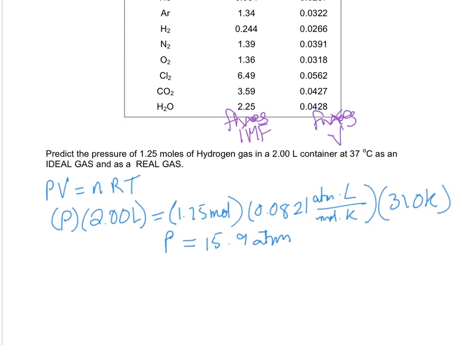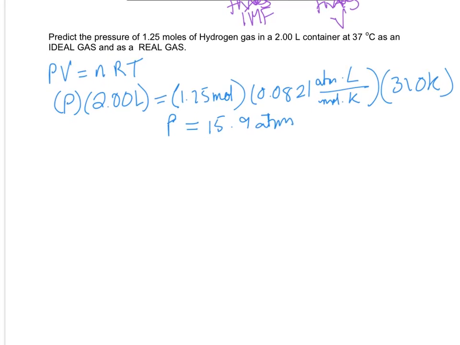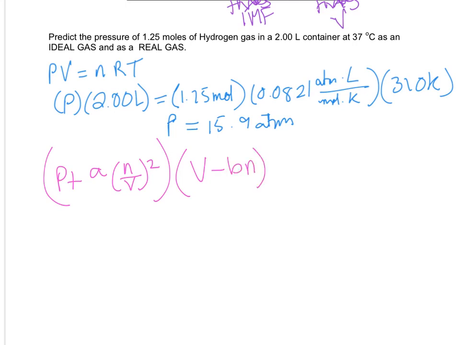Now let's try it with the real gas equation, or the van der Waals equation. So the van der Waals equation is P plus a times n over V squared, that times V minus bn, is equal to nRT. Let's plug in our values. So P is what we're solving for, plus a.